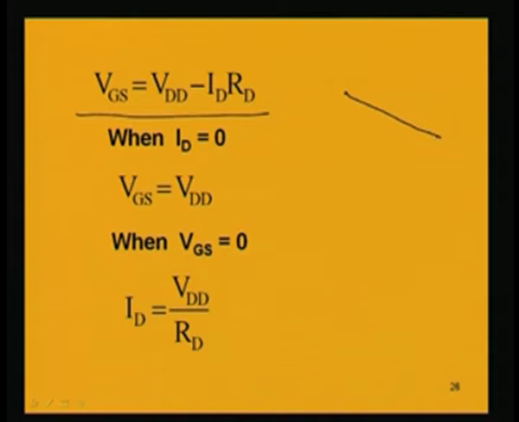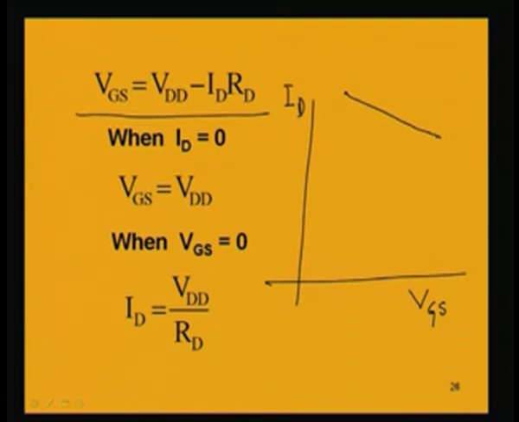What are the 2 points? The extreme points of the voltage and the current. We are having the axes which are VGS and ID. These are the axes of our interest, because we know that with change of VGS we are changing the drain current.